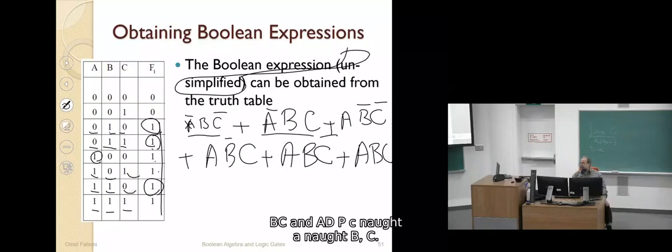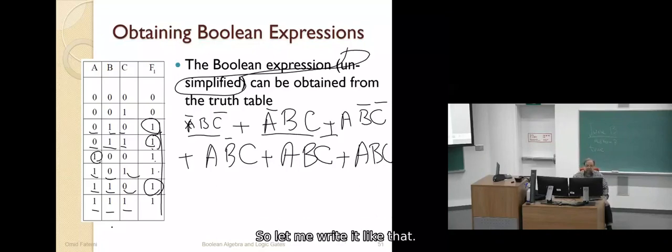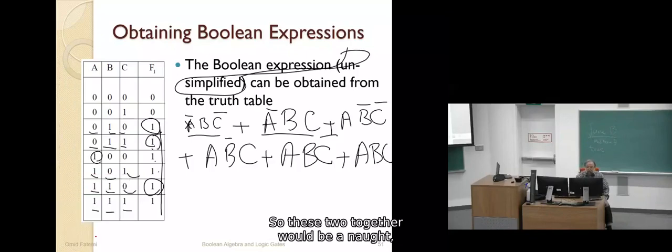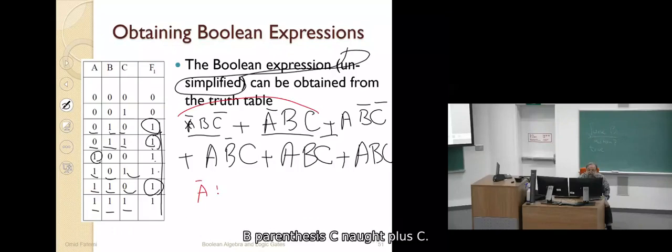I can factor A naught B and it becomes like that. So let me write it like that. So these two together would be A naught B parentheses C naught plus C. And C naught plus C is 1. So it is A naught B.